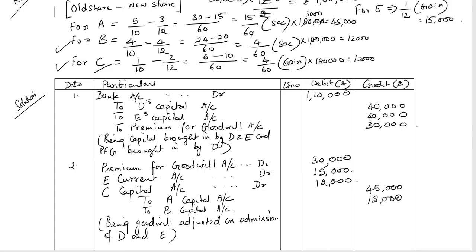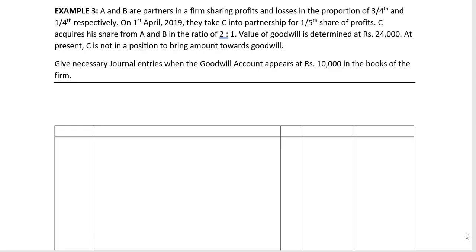Let's go to the third example. Example 3. A and B are partners in a firm, sharing profits and losses in the proportion of 3/4 and 1/4 respectively. On 1st April 2019, they take C into partnership for 1/5 share of profits.